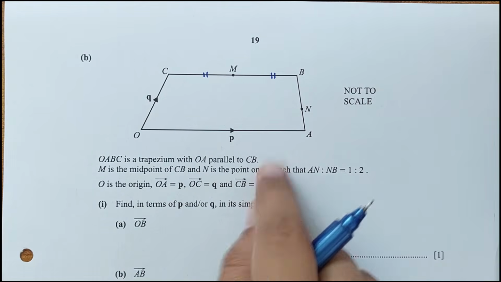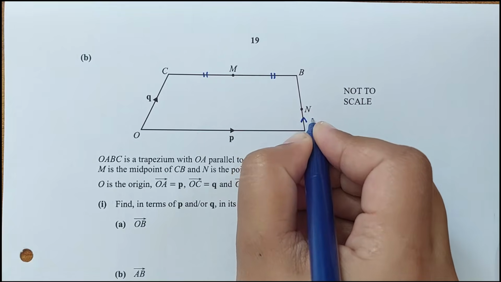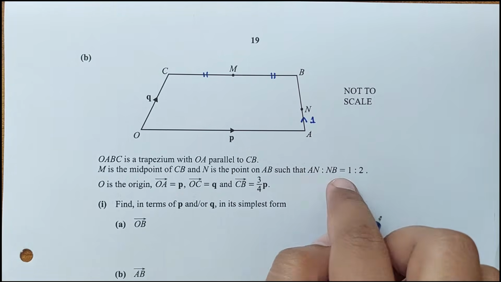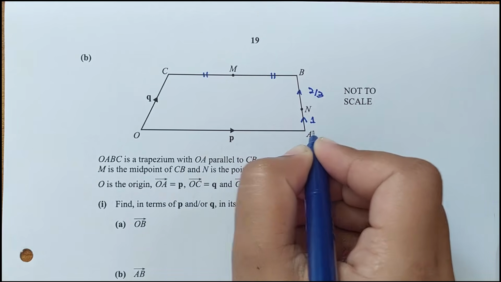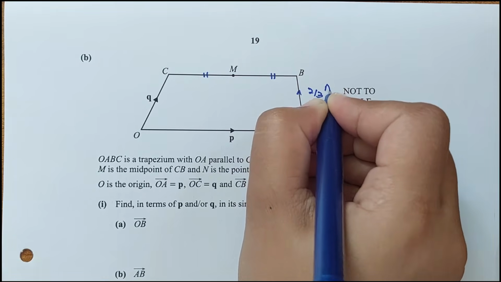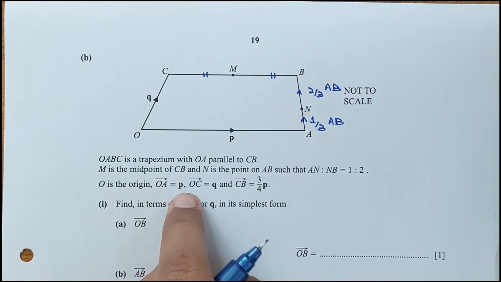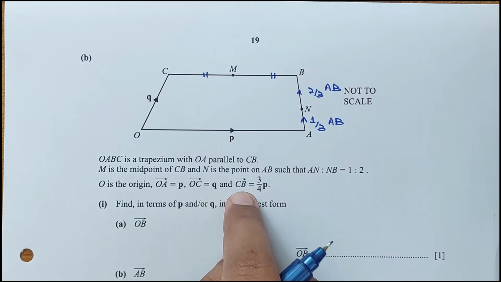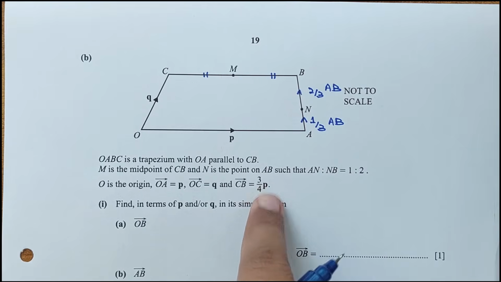And N is a point on AB such that AN and NB are in the ratio of 1 to 2. So this is 2 by 3, and this is 1 by 3 of AB. O is the origin, OA is P, OC is Q, and CB is 3 by 4 of P, right?